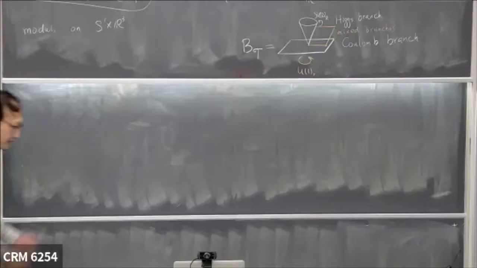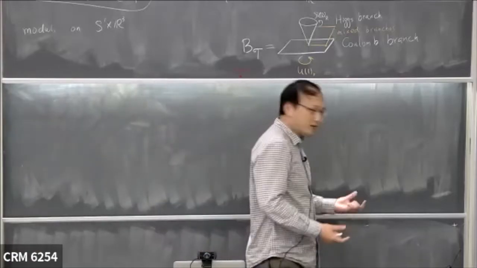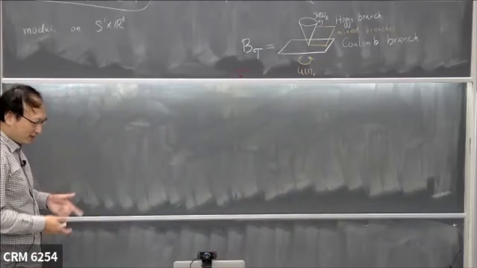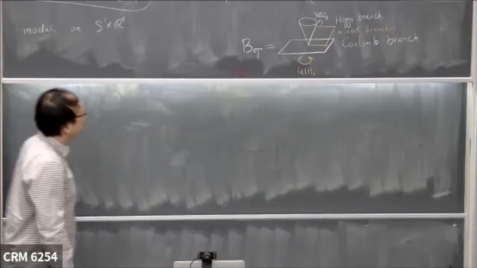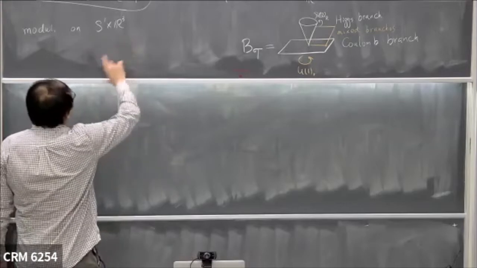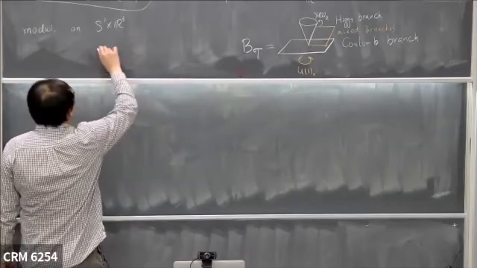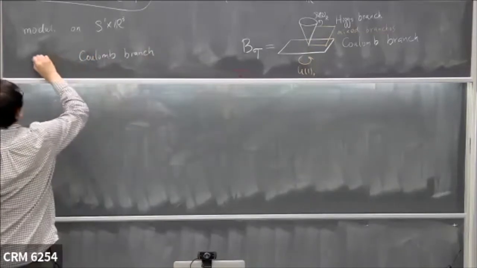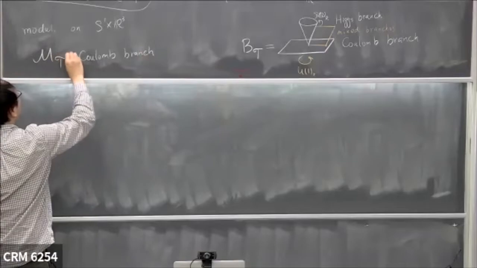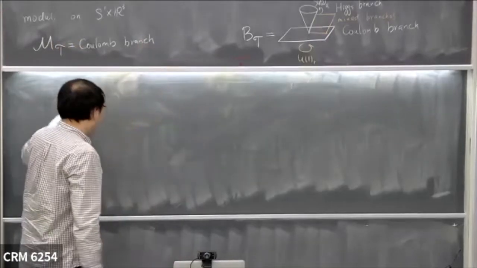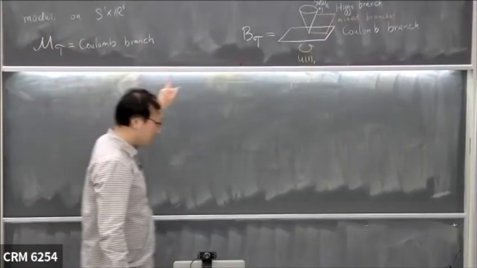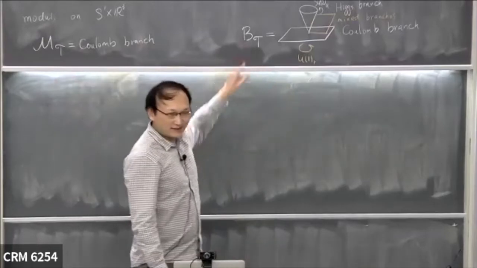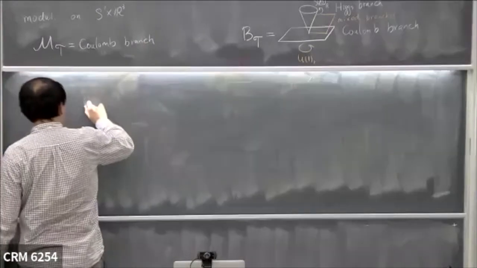That's again flat, and for any quantum field theory, you should be able to put it on this geometry and ask what is the moduli space of vacua. This again will have different branches, and we'll be looking at the Coulomb branch again, and we'll denote it by M. Now this Coulomb branch will actually have a different dimension than the Coulomb branch over here. In fact, we'll have a fibration.